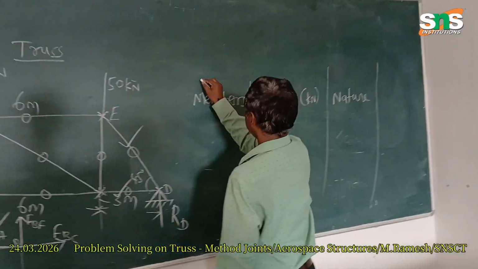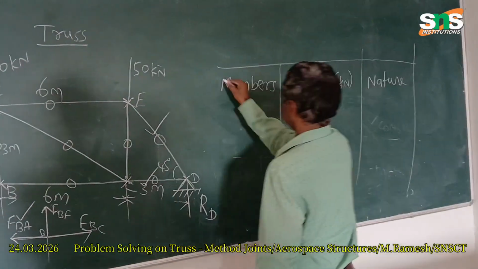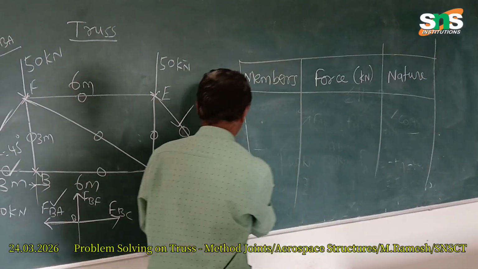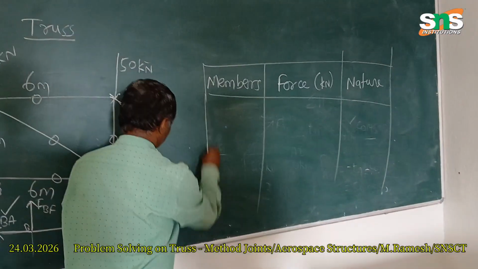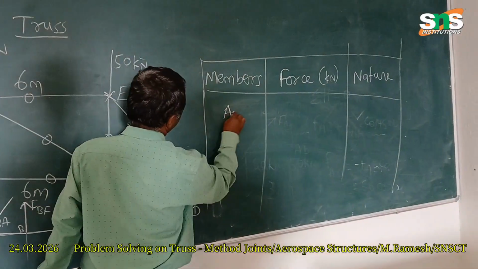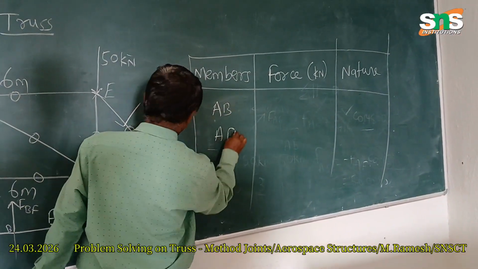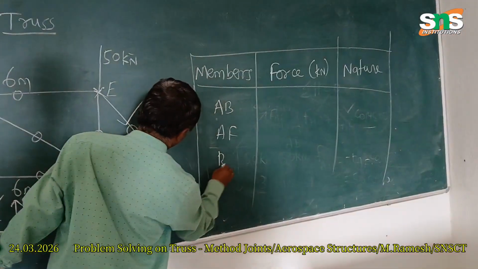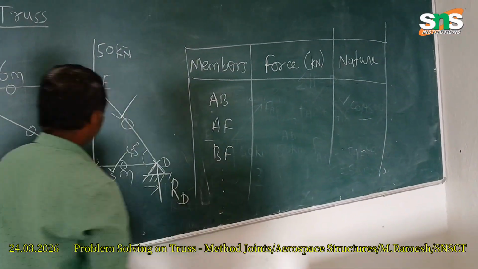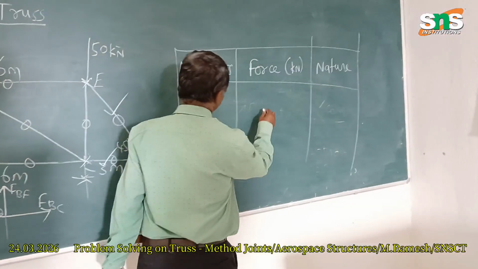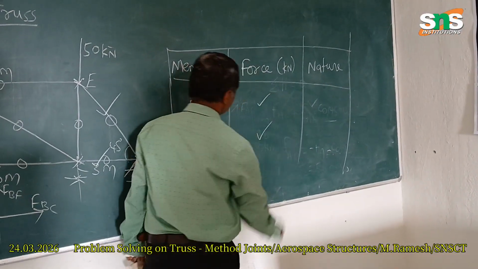Like that you can have table columns. So find all the numbers like AB, AF, then BF. Like that, up to 9 members you have, and you just fill in the force you are getting.